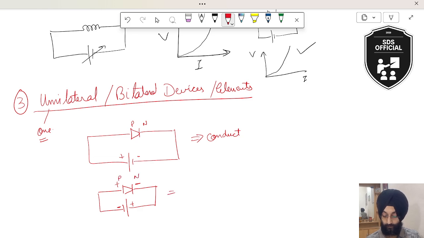It will now not conduct. So that means its operation changes whenever we change the direction of applied voltage. Such kind of devices are known as unilateral devices, whose operation remains the same only from one direction. And if we change the direction of the applied voltage or source or energy, its operation will also be affected.